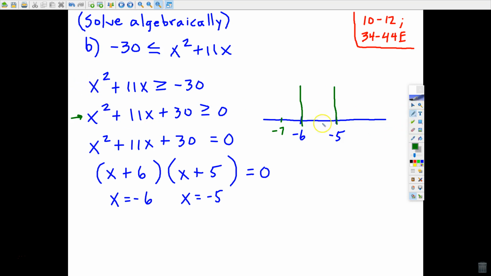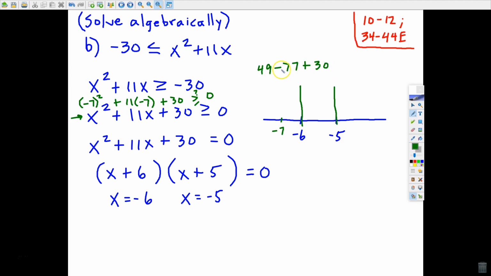Technically you could use either one. Okay, so let's see, negative 7 squared plus 11 times negative 7 plus 30, is that greater than or equal to 0? Negative 7 squared is 49 minus 77 plus 30.